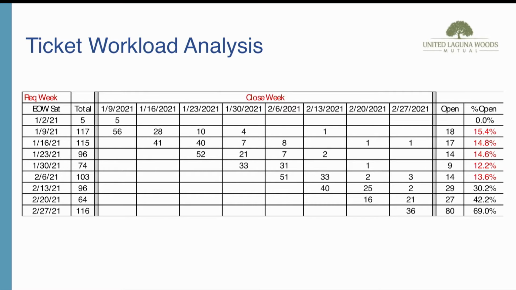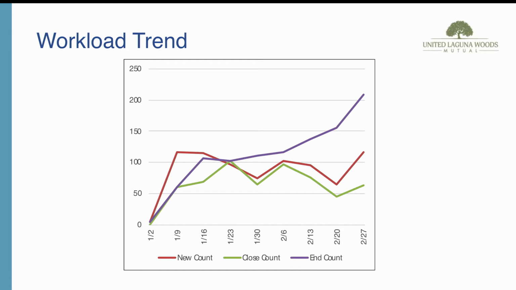Right. Now, if we look at the chart, the red one is the new tickets coming in, and the green one are the old tickets that are closed. All right, so the red one, as you can see, is always higher than the green one. That means we received more than we closed.